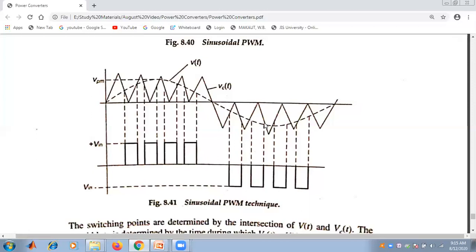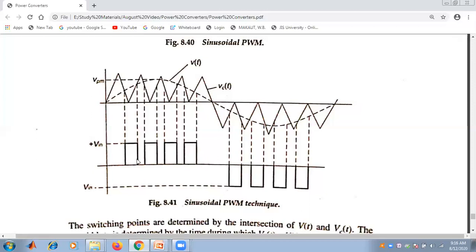From this intersection point to this one, Vct is less than Vt, so we obtain a pulse width. From this intersection point to this one, Vct is more than Vt, so the input pulse width is 0.